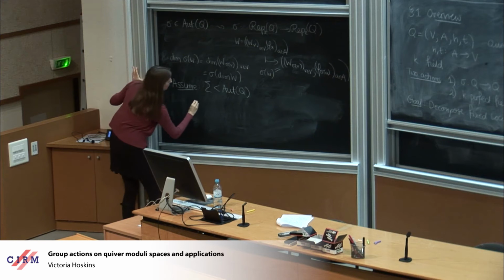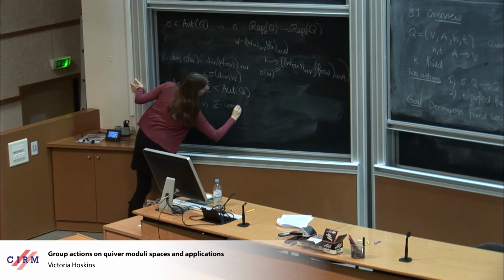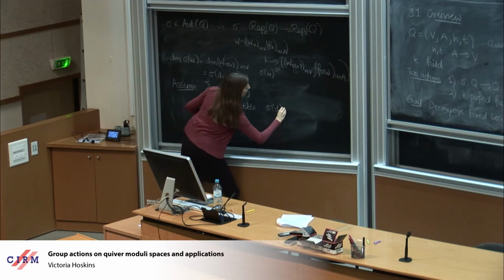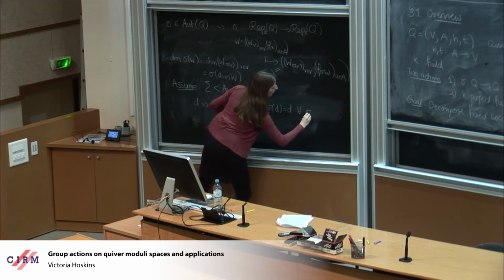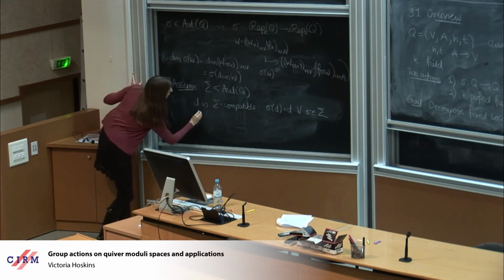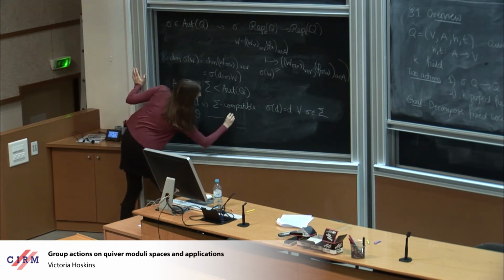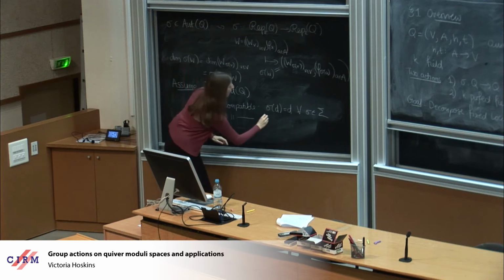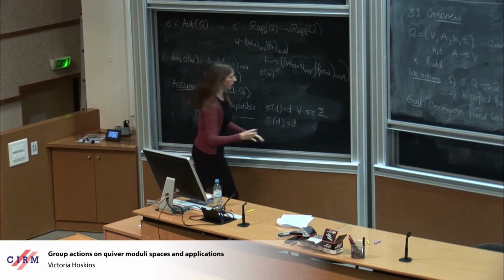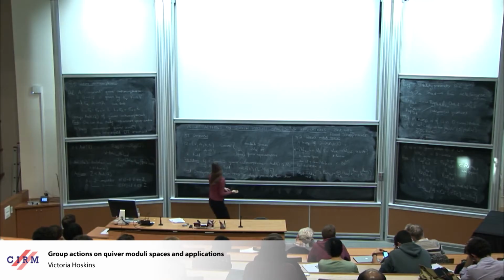And we assume that our dimension vector D is sigma compatible, by which I mean that sigma of D is equal to D for all sigma in my subgroup. And we're shortly going to see as well that we need to assume our stability parameter is theta compatible. In this case, it actually means the same thing. But if we were in the contravariant setting, there would be a sign creeping in here.